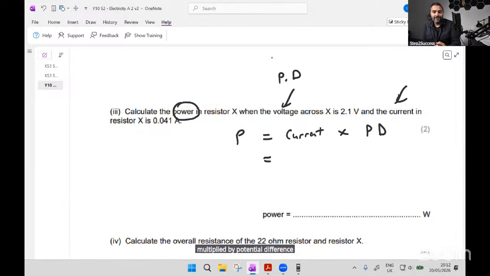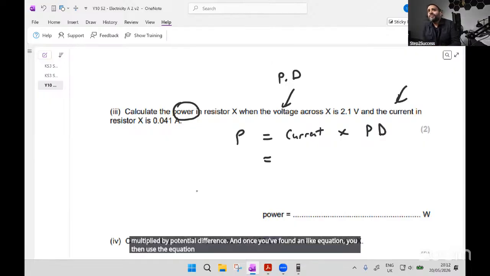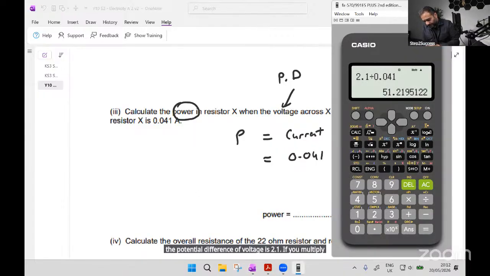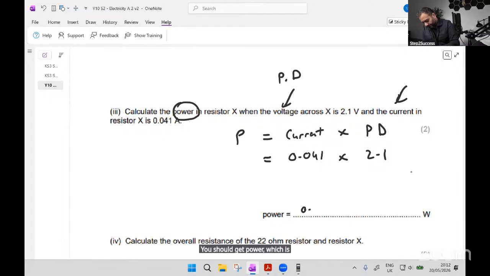Once you've found that equation, you then use it. The current is 0.041. The potential difference or voltage is 2.1. If you multiply those together, you should get power, which is 0.0861. Hopefully that's the answer.